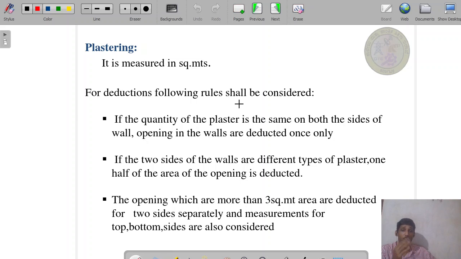Because if it is more than 3 meter square, the rate is also affected, it is costlier. Therefore, it directly affects the estimation, so it is to be considered.